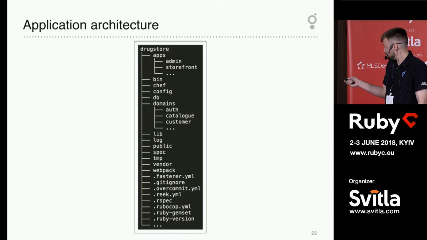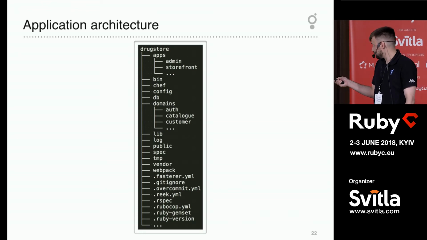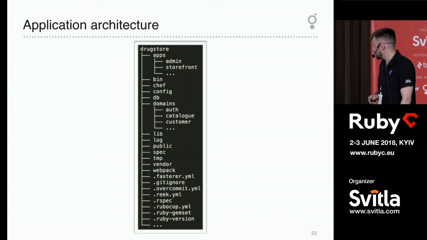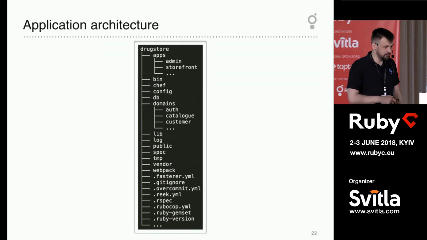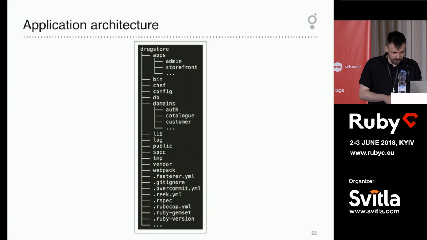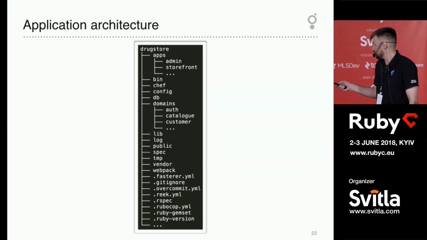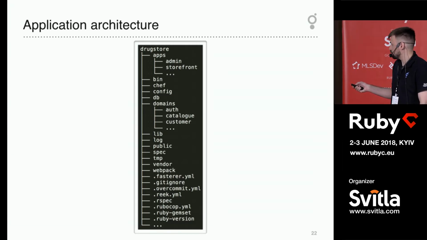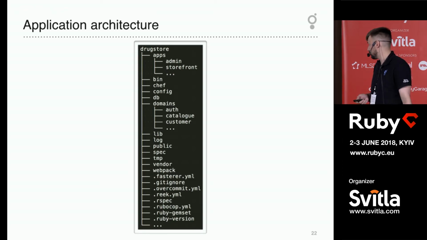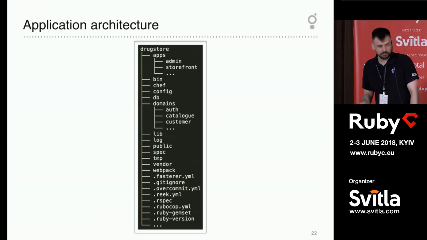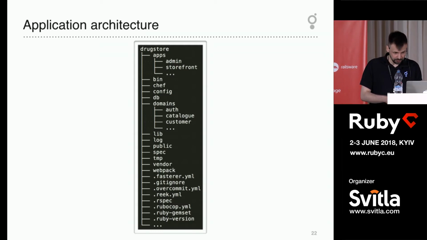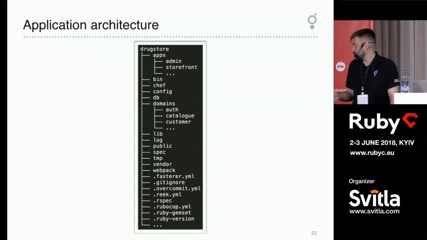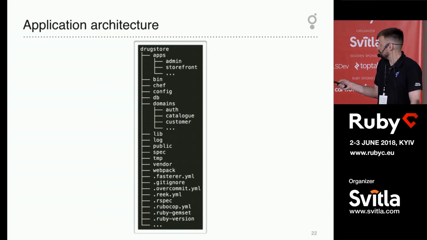Another important directory is called domains. We try to put all business logic inside of domains. For example, we have authentication logic, a logic called catalog, which is about products, and a logic about our customers. We decided to split it this way.